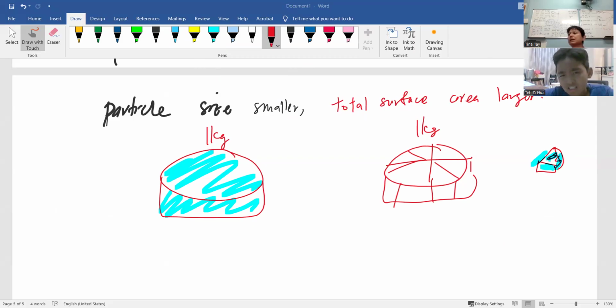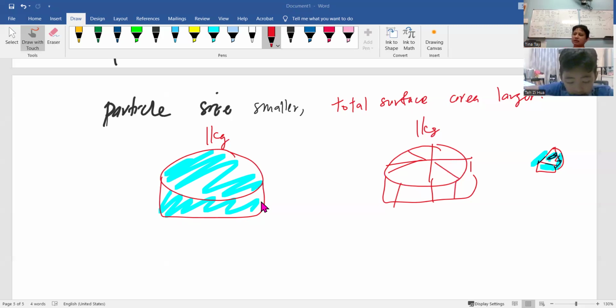Total surface area bigger, think again. Total surface area larger means more collisions, right? So that's why when you use powder, it's faster. That's the reason.